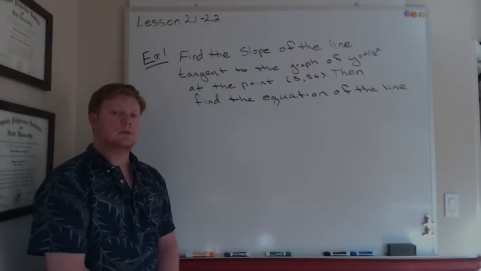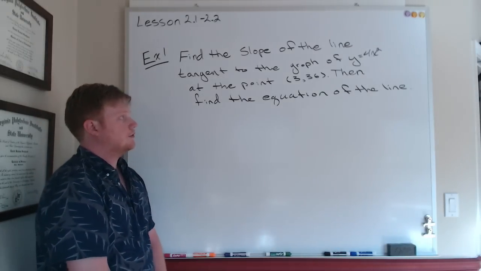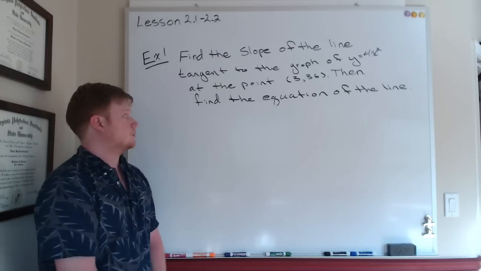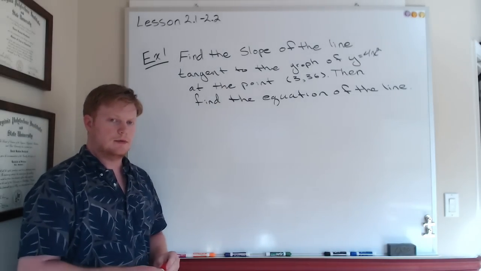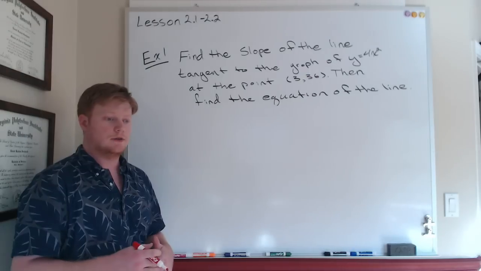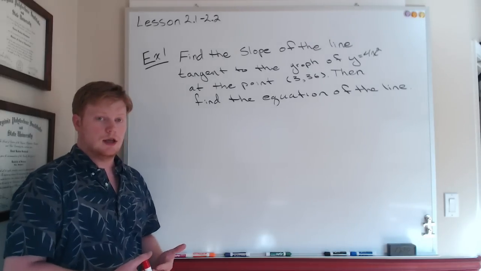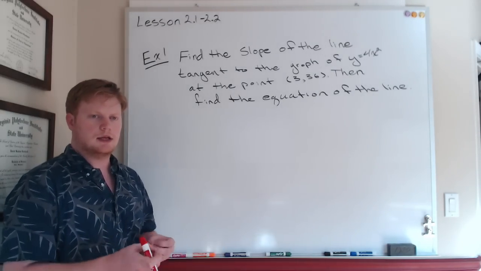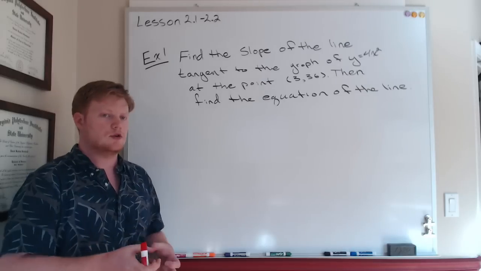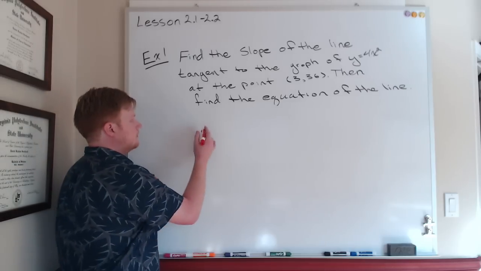So for our first example today, very straightforward. Find the slope of the line tangent to the graph y equals 4x squared at the point (3, 36). Now I know most of you could probably use your shortcut differentiation rules that you learned in pre-calc and solve this rather quickly, but I would like to use the definitions that we just looked at so we can start making some connections, again with those subtle nuances within derivatives.